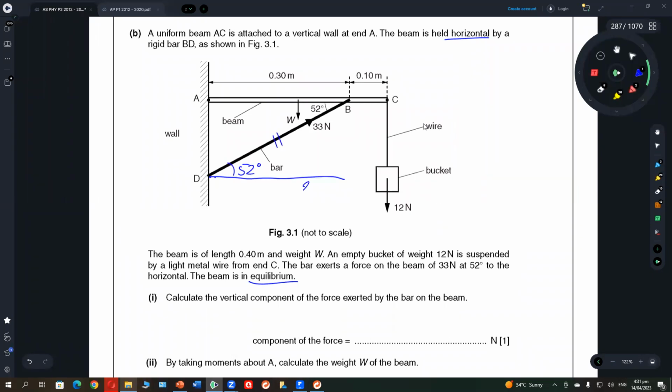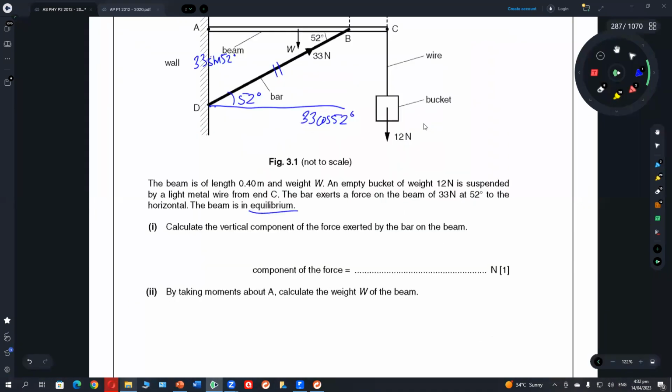So it will be 33 cos 52, and it will be 33 sin 52. Now, what would be the vertical component? The sine 52. Good. 33 sin 52.